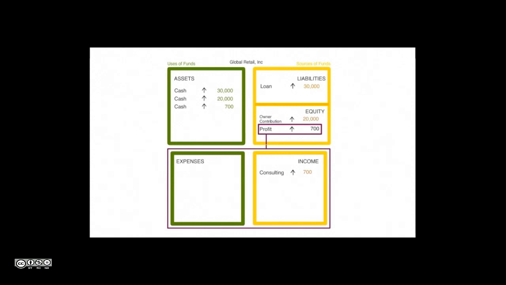To record the $300 expense transaction, we show the decrease in cash of $300 as we did before, but we'll record the second $300 transaction effect differently. Again, instead of going directly to profit, we'll go indirectly via the income statement.